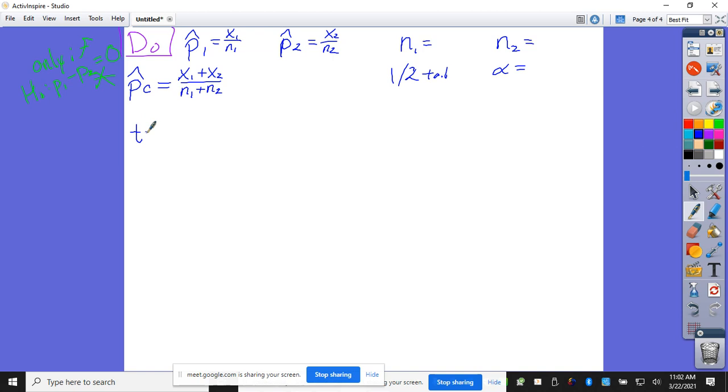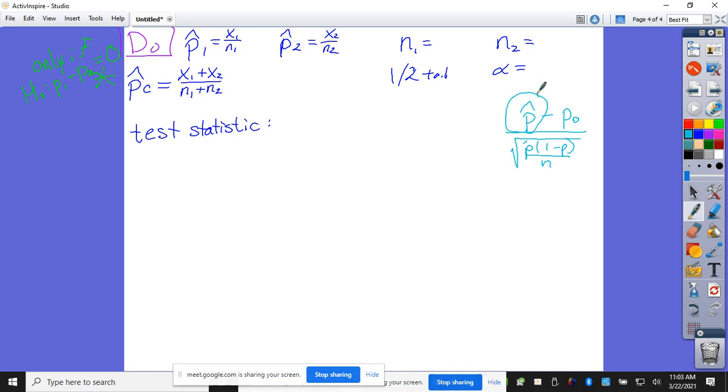So our test statistic equation. I'm going to write the old one over here. P hat minus P naught over square root of P naught, 1 minus P naught, over N. I'm going to use this form, but I'm going to change it.